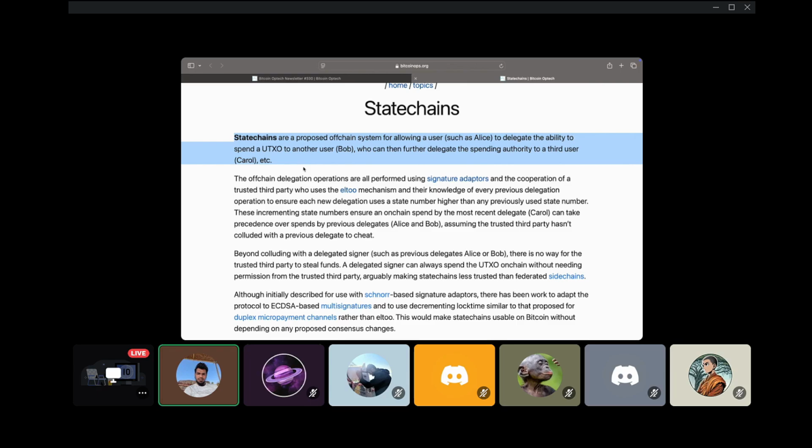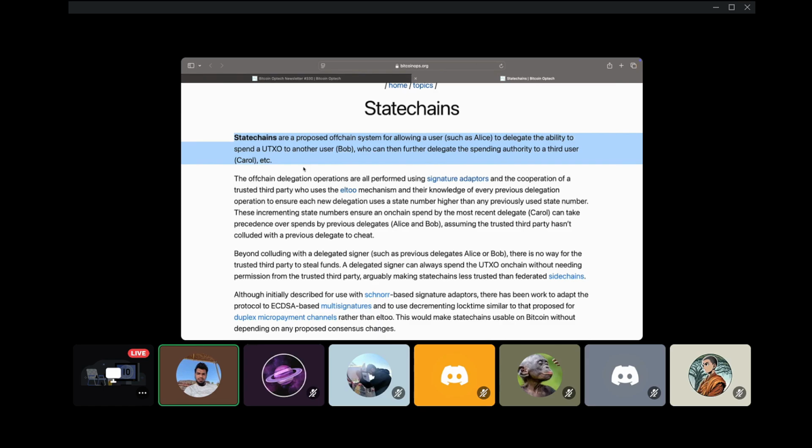Once Alice sends that UTXO to Bob, Bob is now the new owner of that UTXO, right? But for that to happen, the UTXO needs to be spent on chain. This entire transaction needs to be embedded on the blockchain, and the ownership needs to transfer hands.